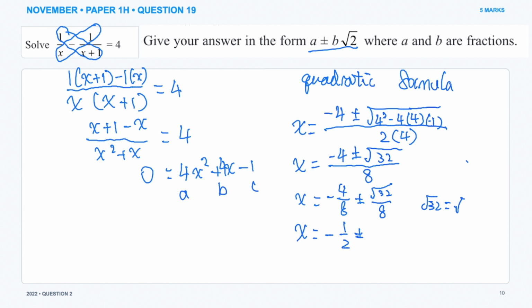So we're going to have 4 root 2 over 8, or 1/2 square root 2, which puts us in the form of a add or minus b square root of 2. So that would earn us 5 marks.